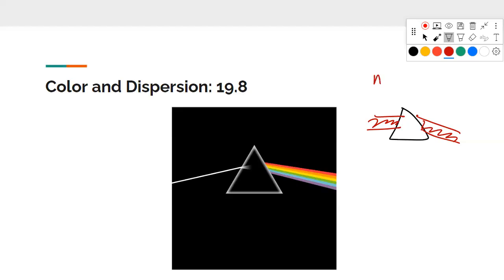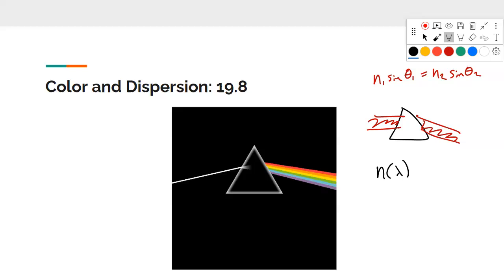And so we only have to think about Snell's law for one color. Remember, Snell's law is n1 sine theta 1 equals n2 sine theta 2. But it turns out that the index of refraction isn't just a number for a material, it's actually a function of its wavelength. So different wavelengths of light will experience their speed changing in different ways when they go through a material.